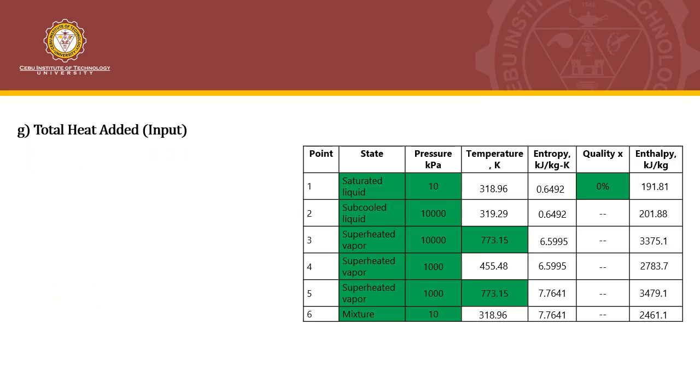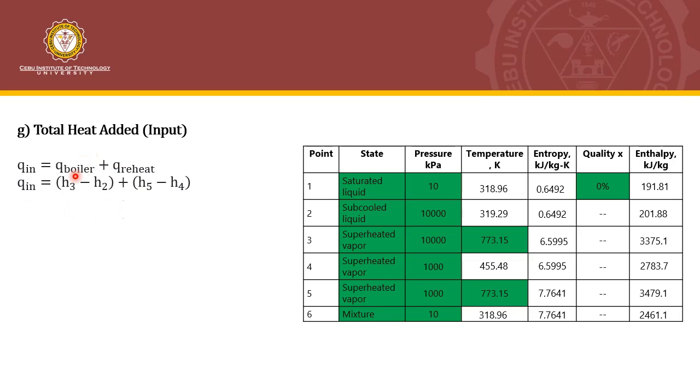And then we have the total heat that is being added, or the heat input. If you remember, we have two heat inputs here. When we say total heat input for the reheat Rankine cycle, it is the combination of the primary heating, which is the boiler, and the secondary heating, which is the reheating process. So it's the heat input in the boiler plus the heat input in the reheater, or simply the heat input in the steam generator.